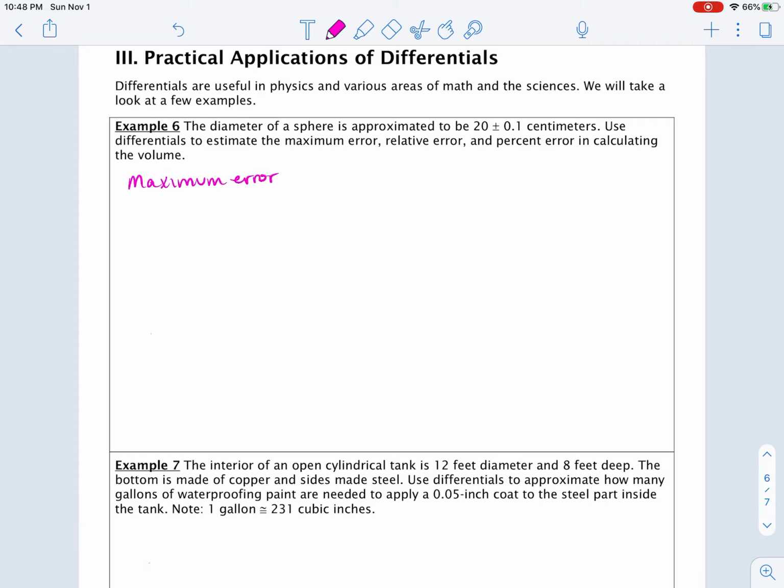Okay, so our maximum error is going to be dV. If we know our volume here is going to be the volume of a sphere, and the volume of a sphere is 4/3 pi r cubed.